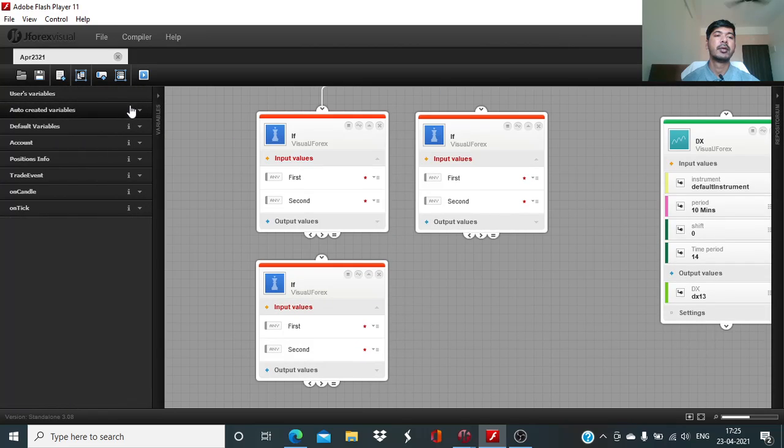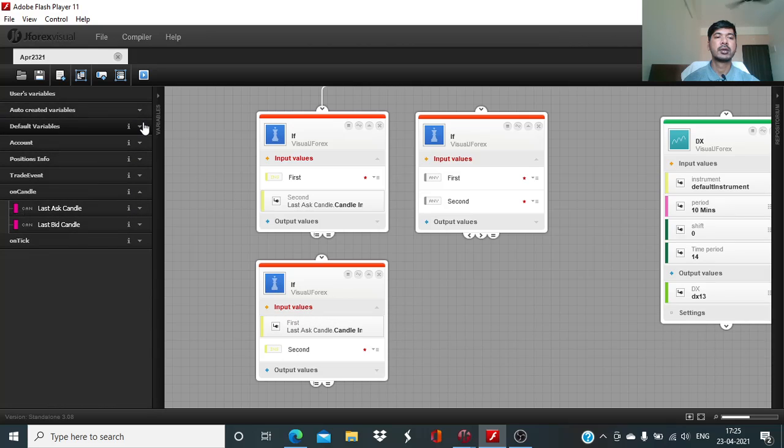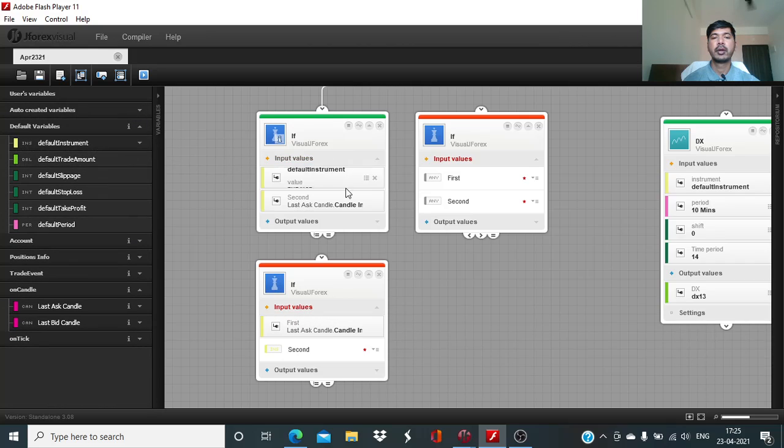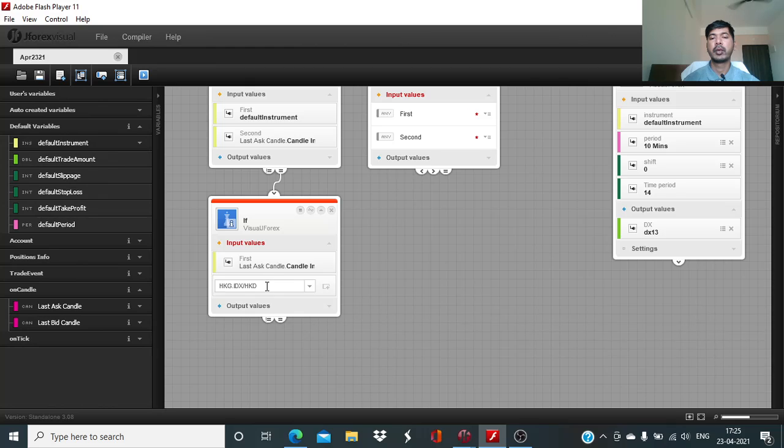and here the candle instrument should match the default instrument. And the default instrument, as I said, we will be working with USD JPY, so I will have to search for USD JPY here.